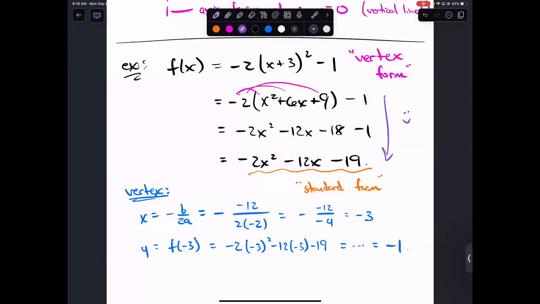I want you to find the vertex, using the negative b over 2a. Once you have the vertex, you get the axis of symmetry for free, basically. The domain and range you also get from the vertex and from thinking about which direction it opens. And then rewriting in vertex form by completing the square we'll need to talk about. But take a minute and try to find the vertex and stuff for those.